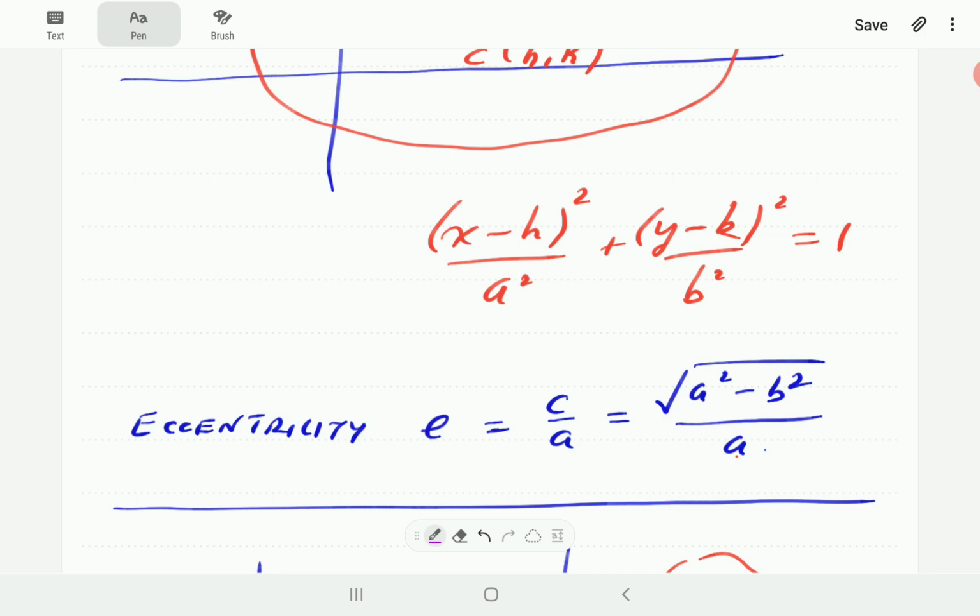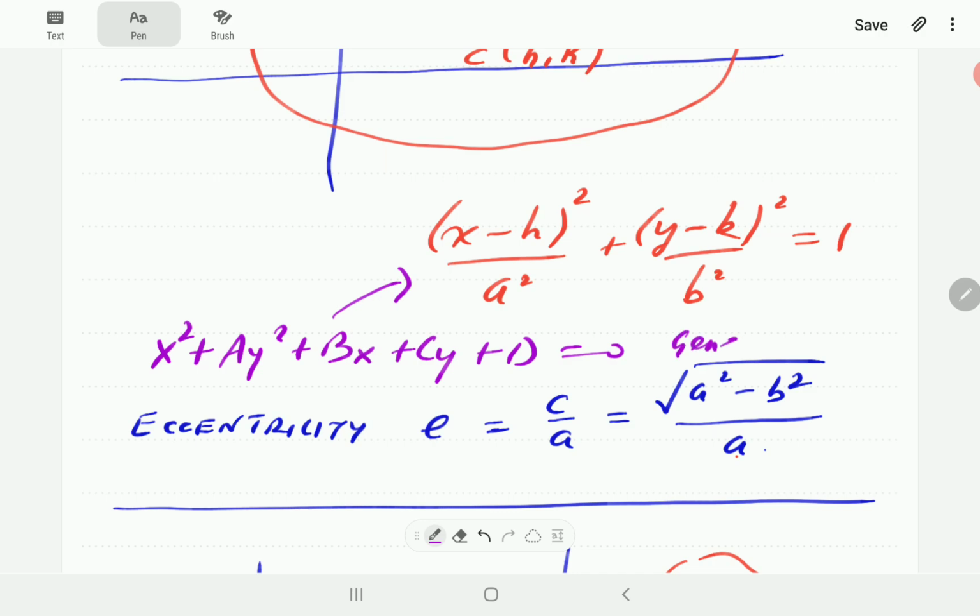The general form is going to take the form x squared plus ay squared plus bx plus cy plus d equals 0. To go from the general form back to the standard form, again we complete the square.